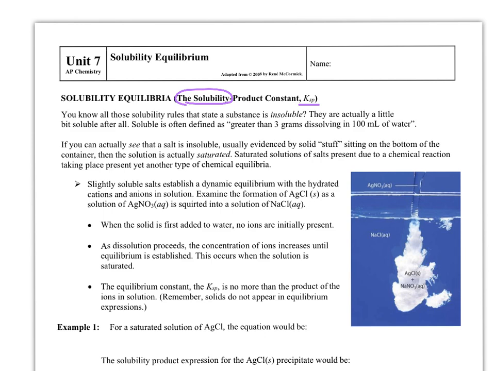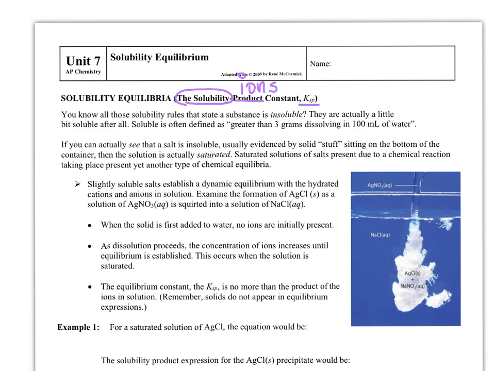When we talk about solubility product, typically the products of our solubilities are ions. So it's basically looking at how many ions are present in our solution when something dissolves.